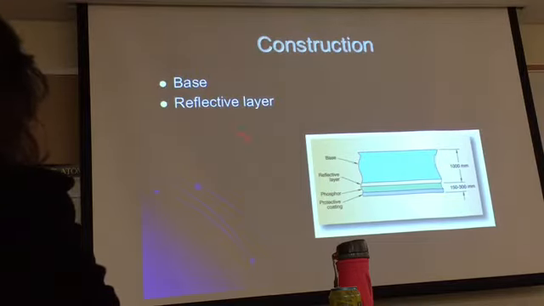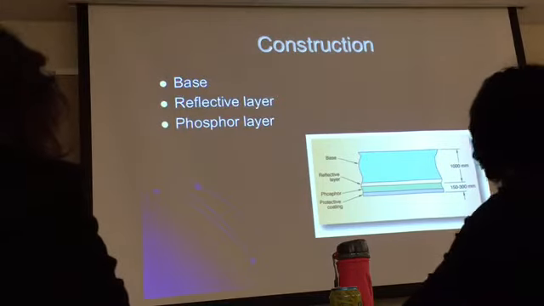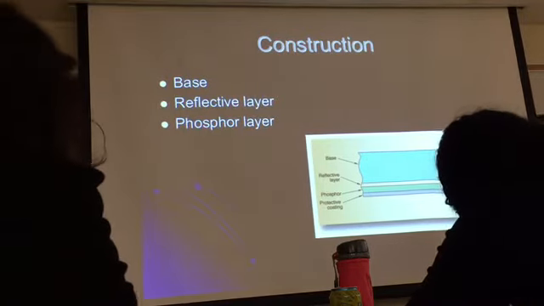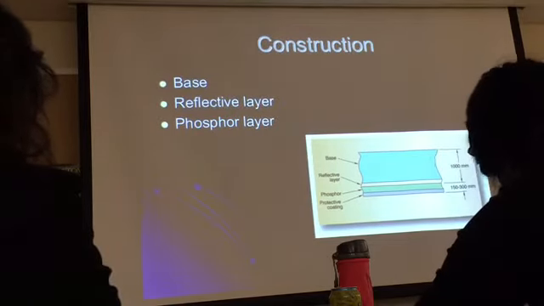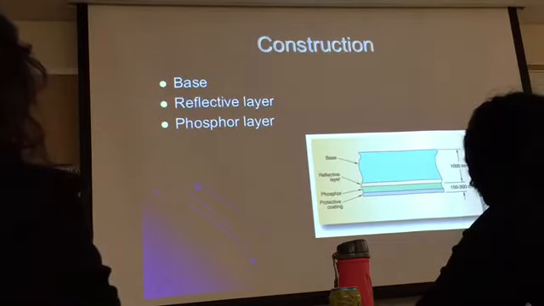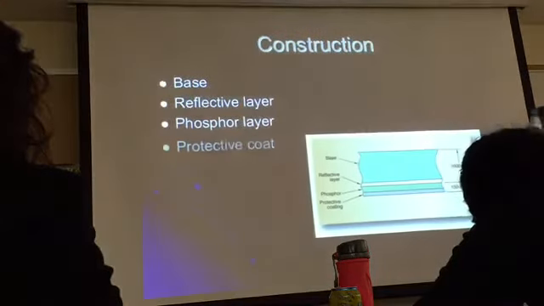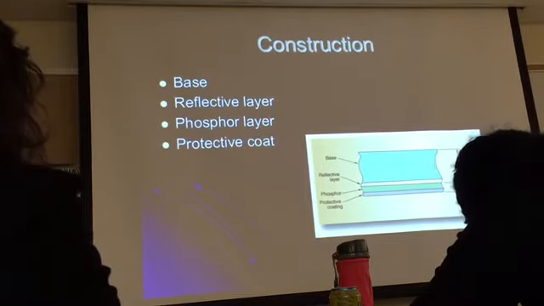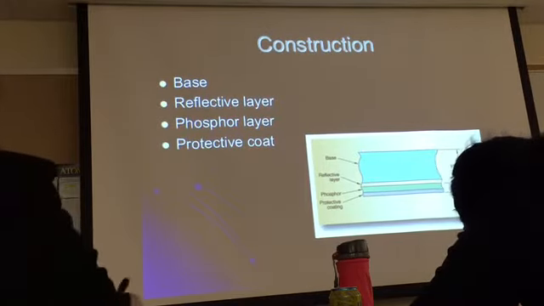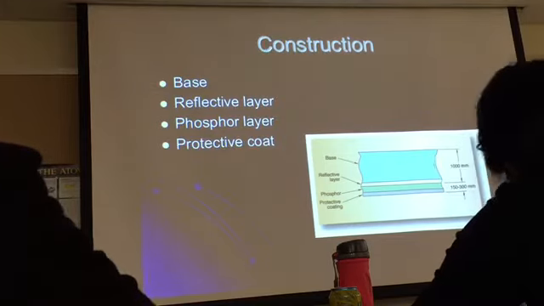Now you have something that is not found in the film, a reflective layer, and then a phosphor layer, which you can think of like the crystal halides layer. That's the active part. You also have, just like film, a protective coat to protect the phosphor from being lifted off when handling the intensifying screens.